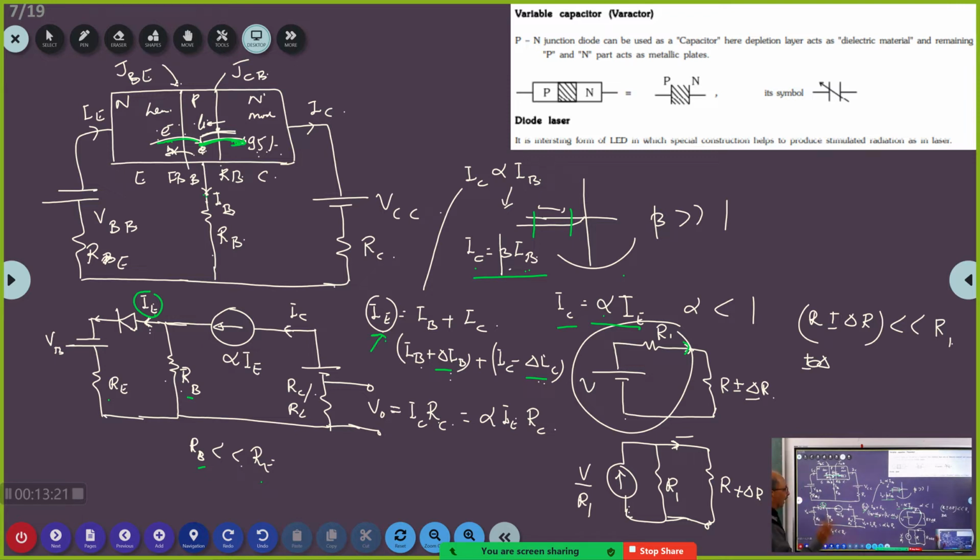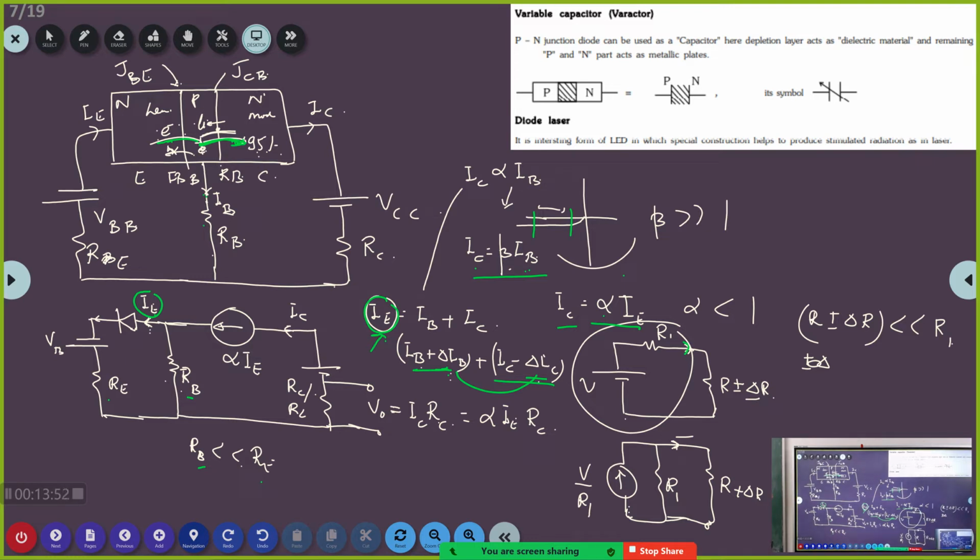Now you recollect what I told yesterday. Here the current will change by a small quantity. You see this equation. Here IB changes by a small quantity. I am relating this to this. Now your thing is, if you make IE constant here, then delta IB must be equal to delta IC. That is your basic question, isn't it?